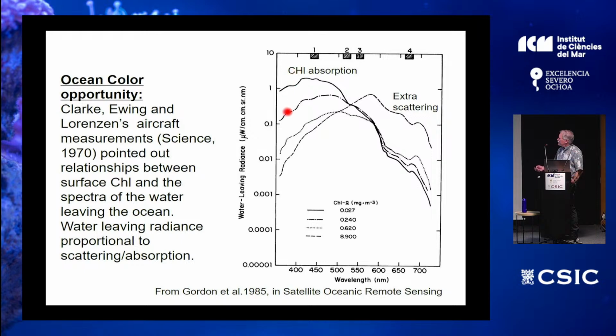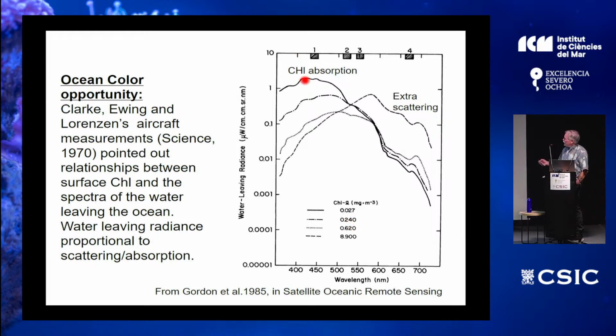So in this region here, chlorophyll is up to about 0.1, you get a large decrease in the blue, so there's a great signal there that you should be able to tell the chlorophyll abundance in the water just by looking at the color.